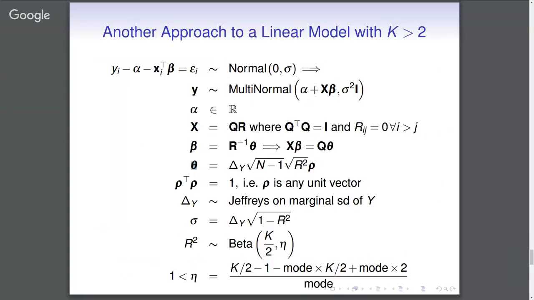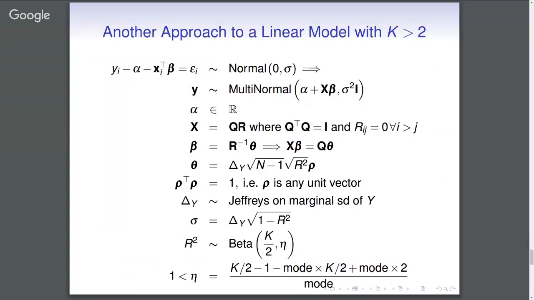So what's theta? I'm going to write theta as a product of the marginal standard deviation of y, the square root of n minus 1, the square root of the r squared of the regression, and rho, where rho is any unit vector. I'm going to put a Jeffreys prior on the standard deviation of y. I'm going to set sigma, the error standard deviation, equal to the marginal standard deviation of y times the square root of 1 minus r squared.